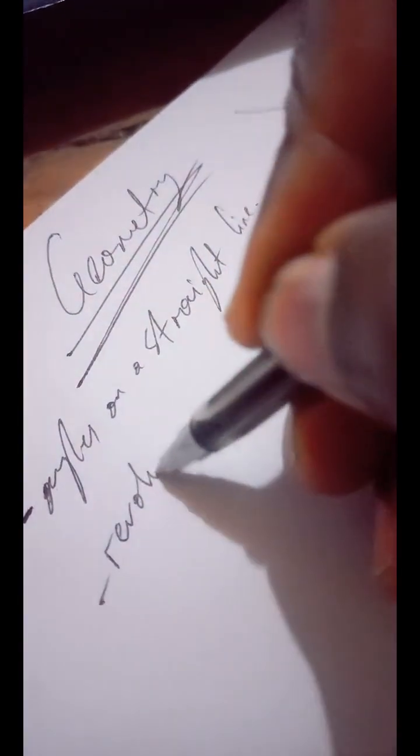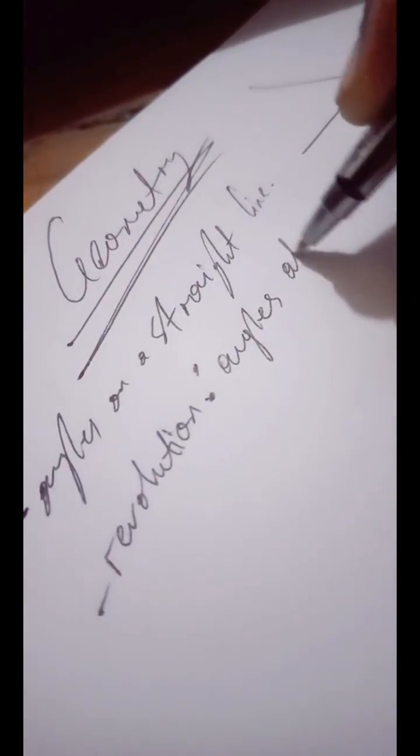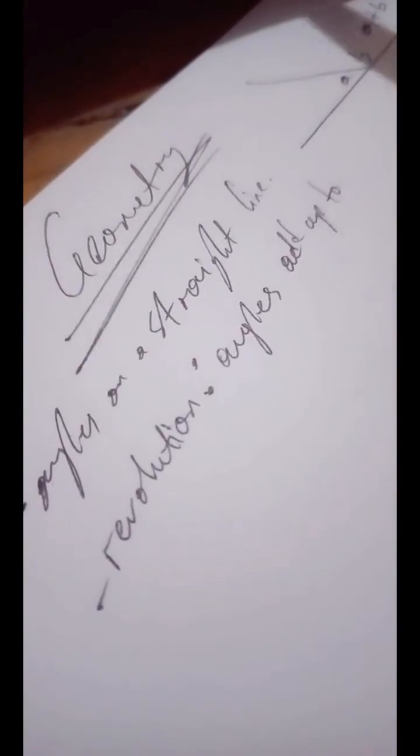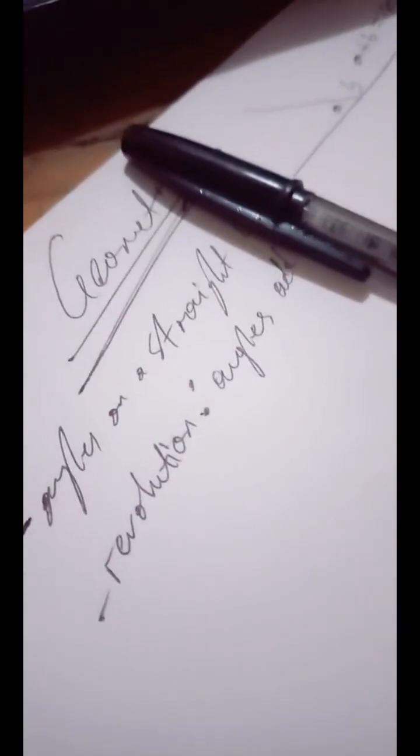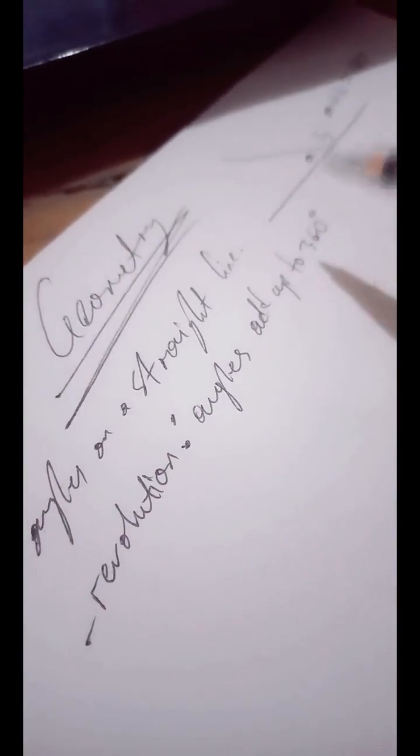From there we have a revolution. Angles in a revolution add up to 360 degrees. So what does this mean?